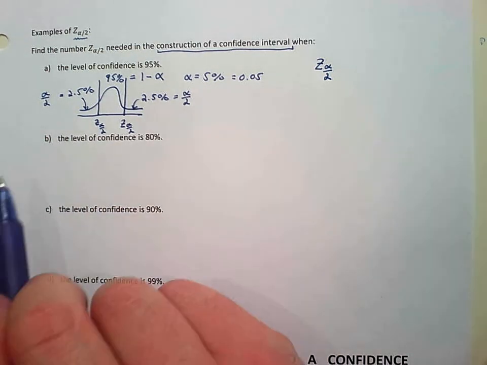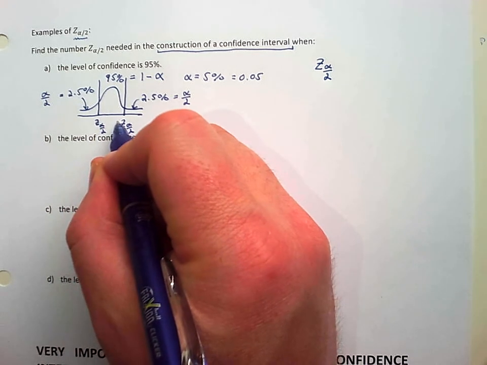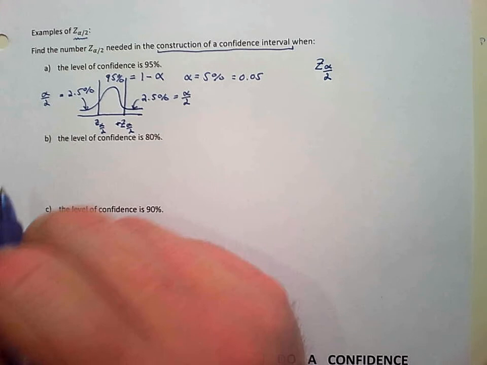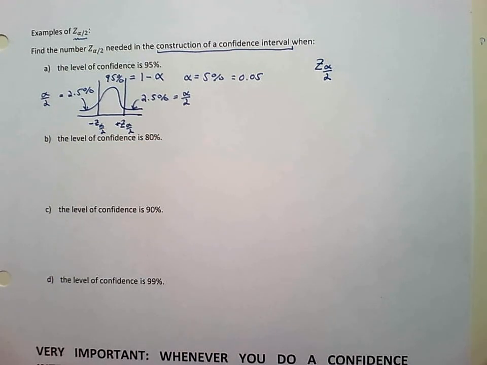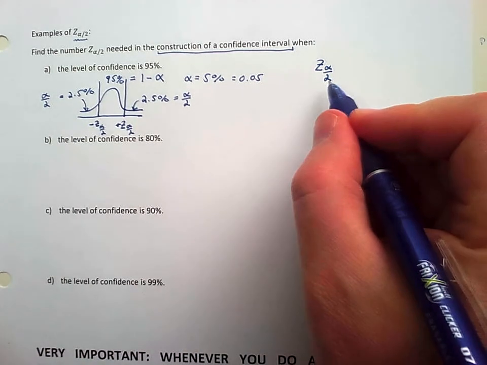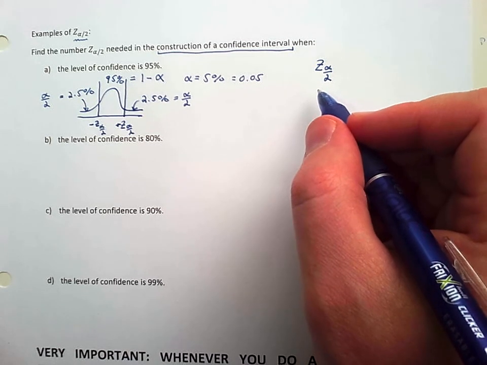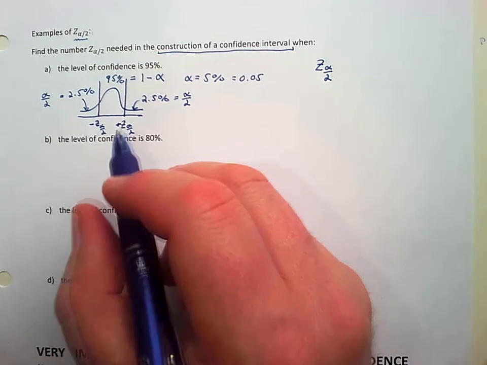The z value that's above the mean is always a positive value, and the z value that's below the mean is always a negative value. But whenever I ask you questions, just for the ease of conversation, when we talk about z sub alpha divided by 2, conceptually, I'm always going to pretend like we're talking about a positive value.